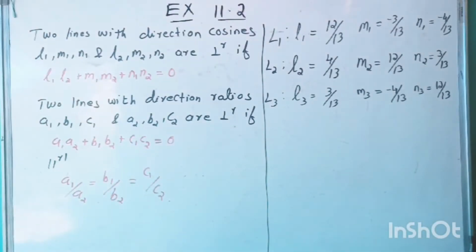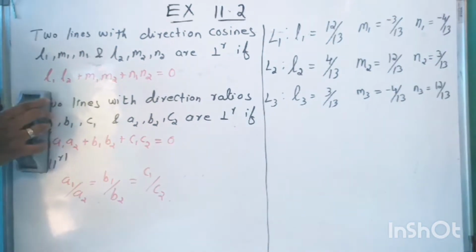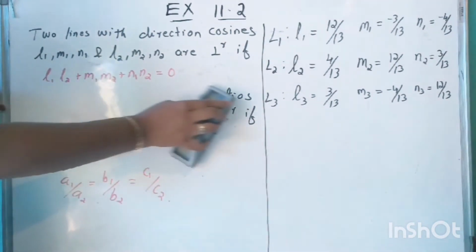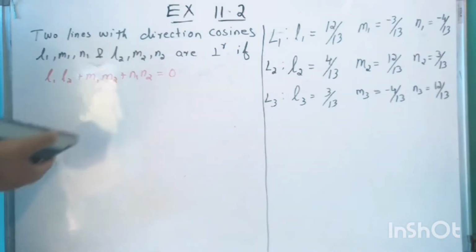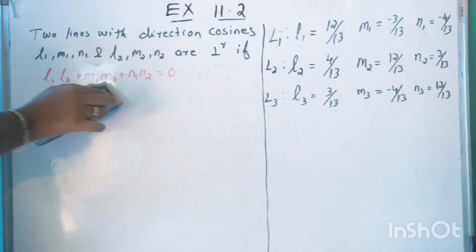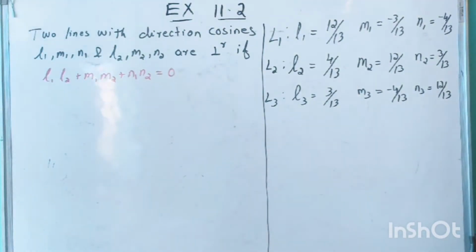In this case, we have three lines and we need to prove that they are mutually perpendicular. Mutually perpendicular means we need to take all the possible combinations of the three lines and prove L1 L2 plus M1 M2 plus N1 N2 is equal to 0 for each.